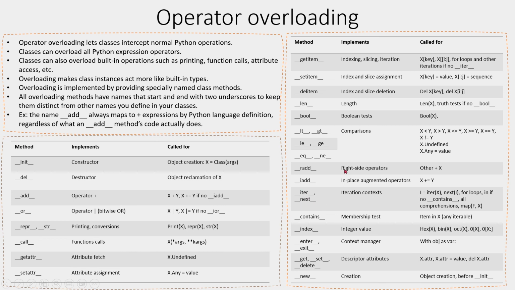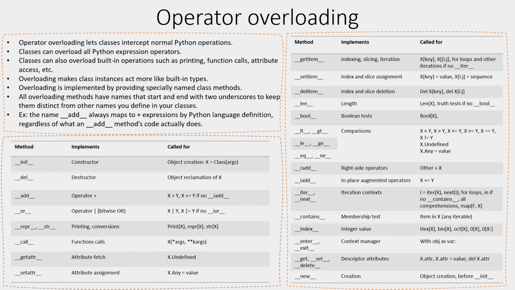And next, we have used this to create a manual iteration. Under the hood, this is how things actually work. I will show you while we code in the Jupyter notebook. And contains, this is for the membership operator. In is our membership operator, so contains is for the membership test. And index, enter, exit, get, set, delete. And finally new is for the creation.